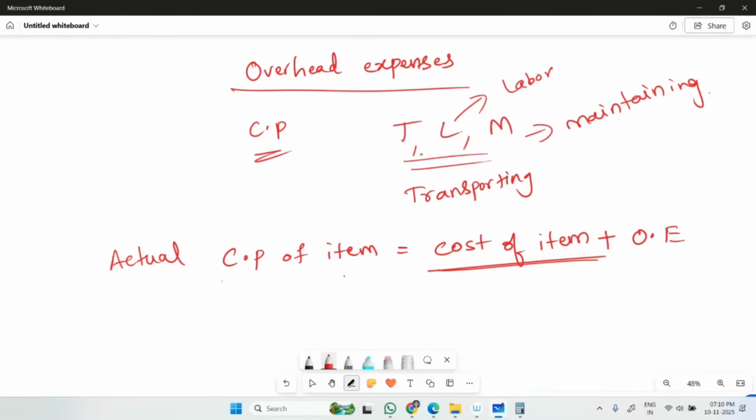Here overhead expenses means the shopkeeper has to pay additional charges for transporting, for labor, for maintaining the item. These additional expenses are called overheads. To find the actual cost price of an item, we add the overhead expenses to the cost of the item. Let's see some example questions of how overhead expenses will come in the question.